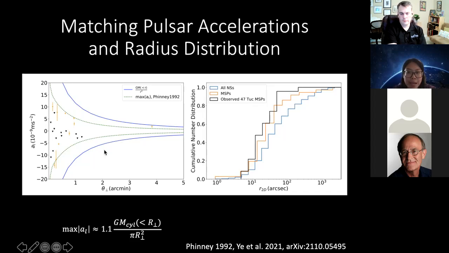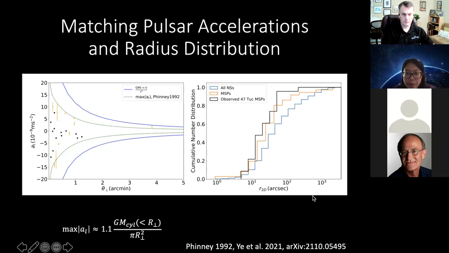We can see that all except one of the observed pulsar accelerations are bracketed between the two green curves, showing that the potential from our best fit model can explain the observed pulsar accelerations. And even the outlier one is bracketed by the maximum possible total accelerations caused by the model potential.